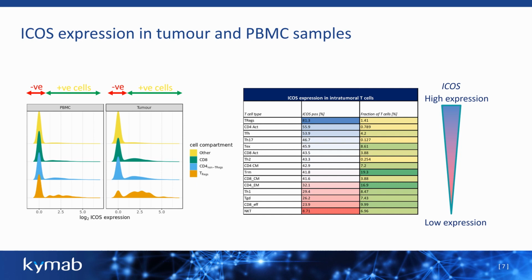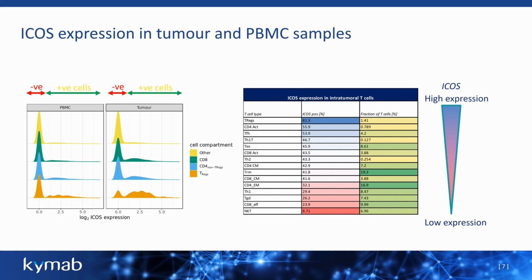So we pulled together those different cell types into 4 bins that we were mostly interested in. Those would be your Tregs in brown, non-Treg CD4 in blue, CD8s in green, and everything else in yellow. And we wanted to look at the ICOS expression levels both in the tumors and in PBMCs.